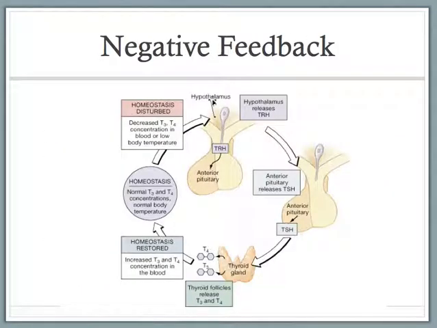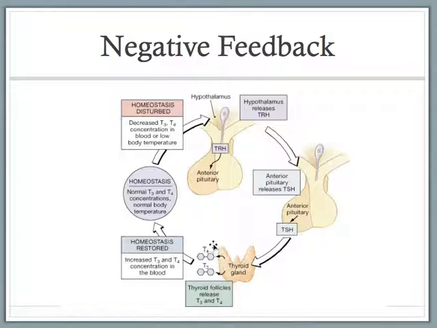This is another picture showing you this exact process. Again, a hypothalamus, TRH, binds to the anterior pituitary. Anterior pituitary cells release TSH. TSH goes to the bloodstream, binds to the follicular cells.